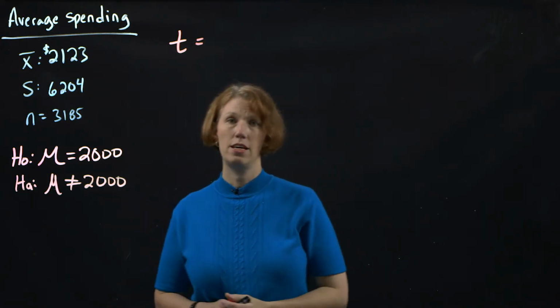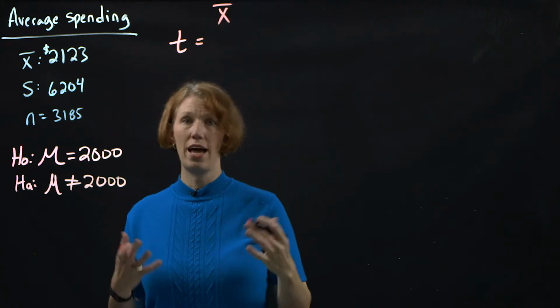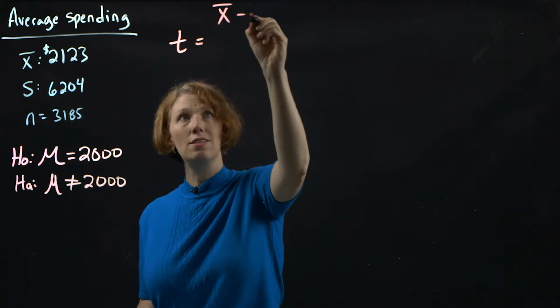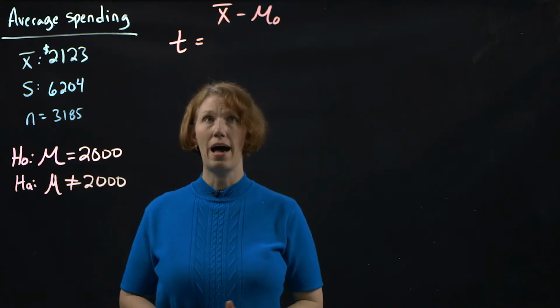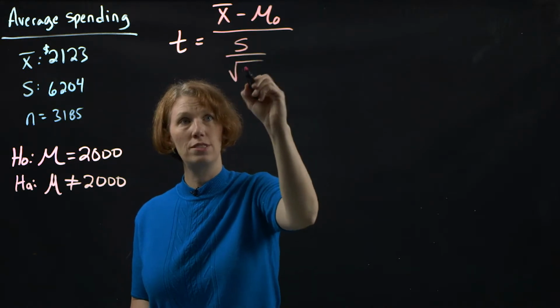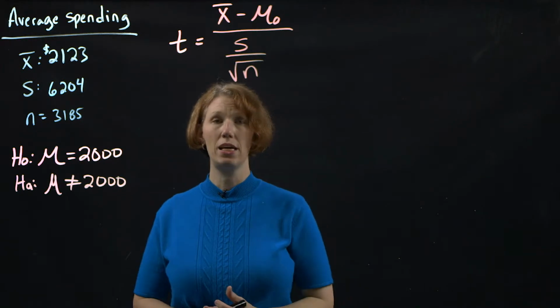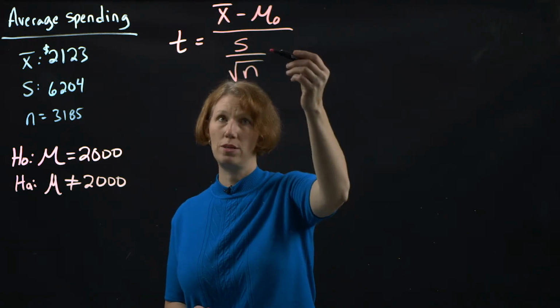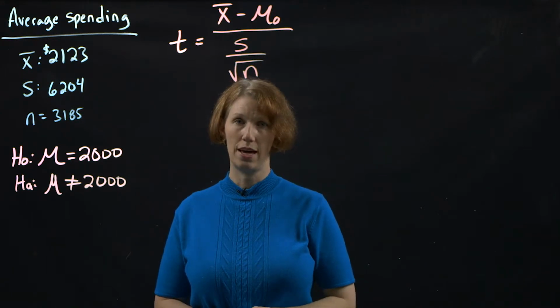Our test statistic is going to be equal to our point estimate of x bar minus the value of the mean under the null hypothesis divided by our measure of sampling variability, which is the standard error of the mean, using information about the sample standard deviation and the square root of the sample size.